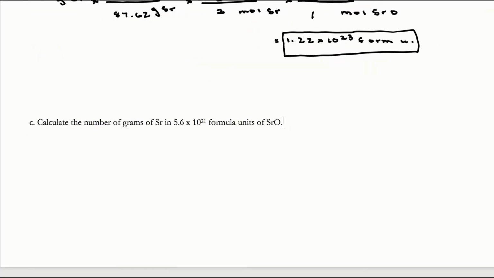All right, let's look at one additional way that I could manipulate this problem. What if instead of giving you the mass, what if I told you, hey, you've got 5.6 times 10 to the 21st formula units of strontium oxide? Okay, so let me show you the setup for this one. Now I'm going to go from formula units of strontium oxide first into moles of strontium oxide.